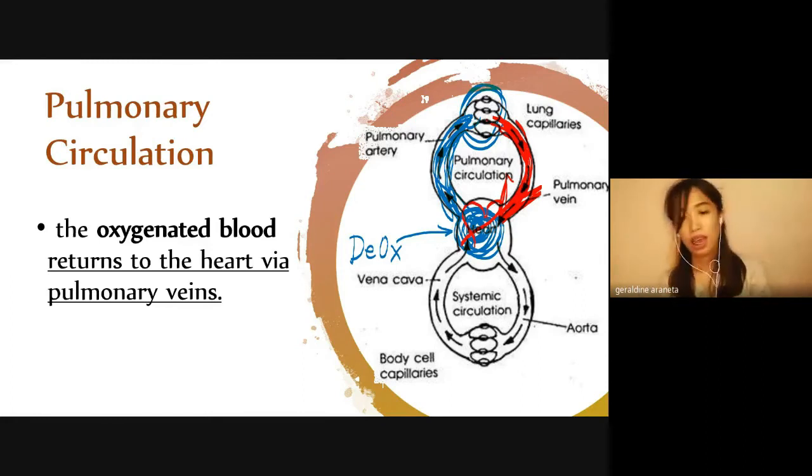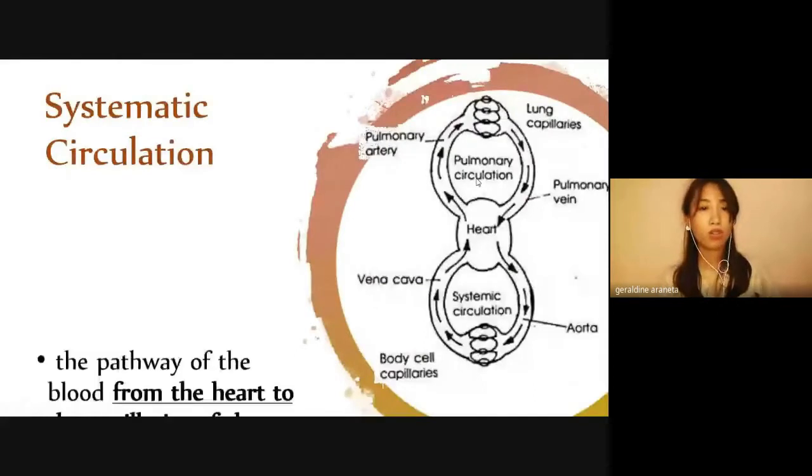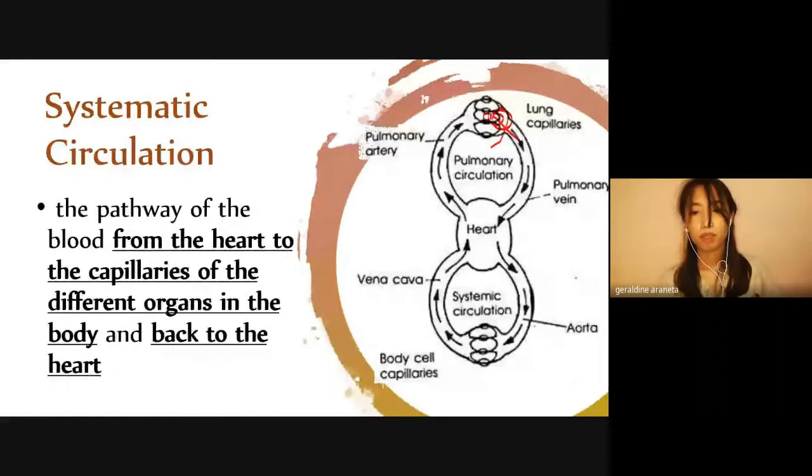After that, it will now proceed to systematic circulation. So, galing na siya dito, bumalik na sa heart. So, ngayon, si heart, ang gagawin niya, dadalhin niya na yon sa different parts of the body. Diyan ngayon papasok si systematic circulation.